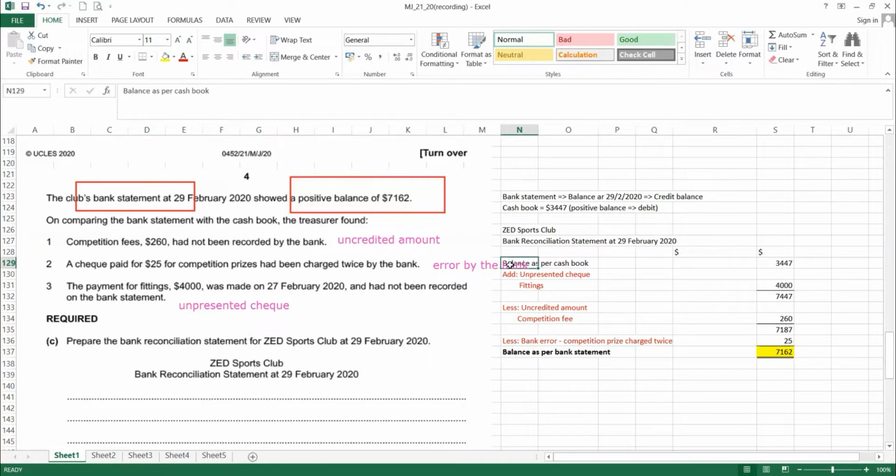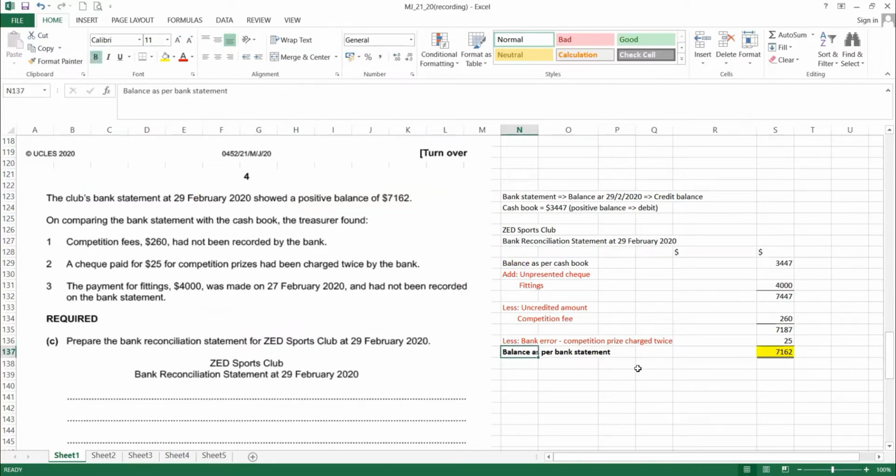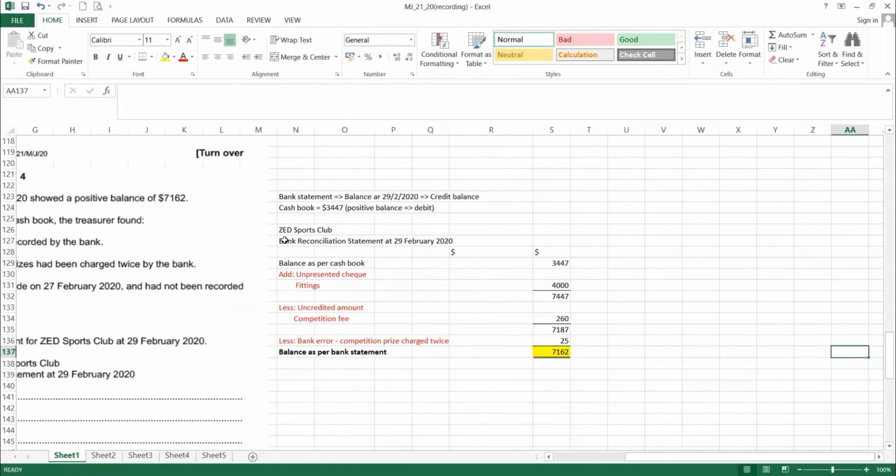When you start with the cash book, add unpresented check, less uncredited amount. For the bank error, it can be add or minus depending on the question. Okay. If you prefer to start with the bank statement, now the other way you will get it. Let me put in this one using the bank, because you have two ways to present your answer.